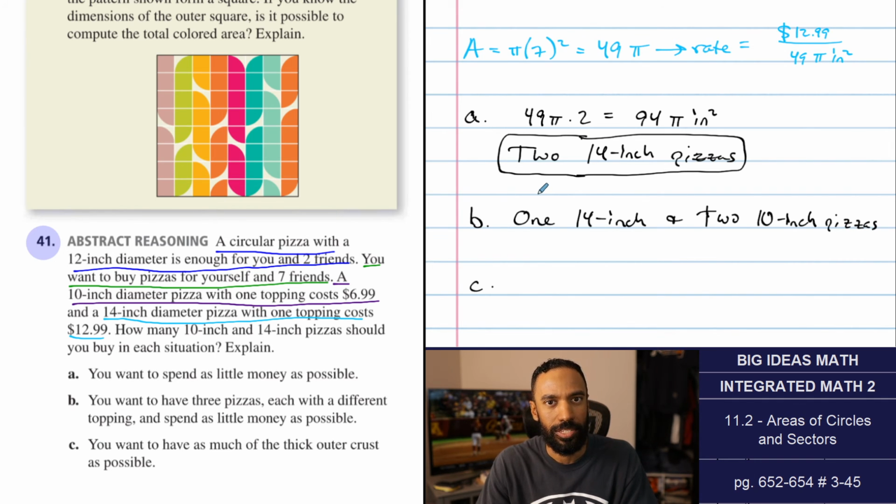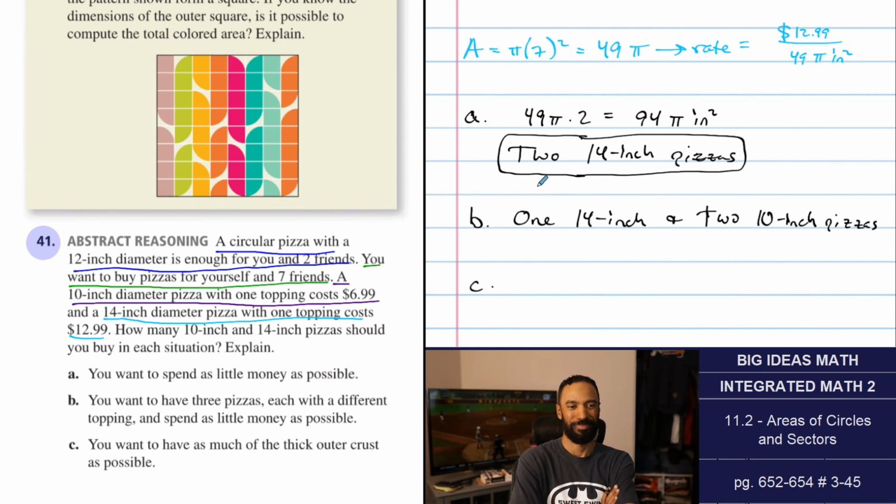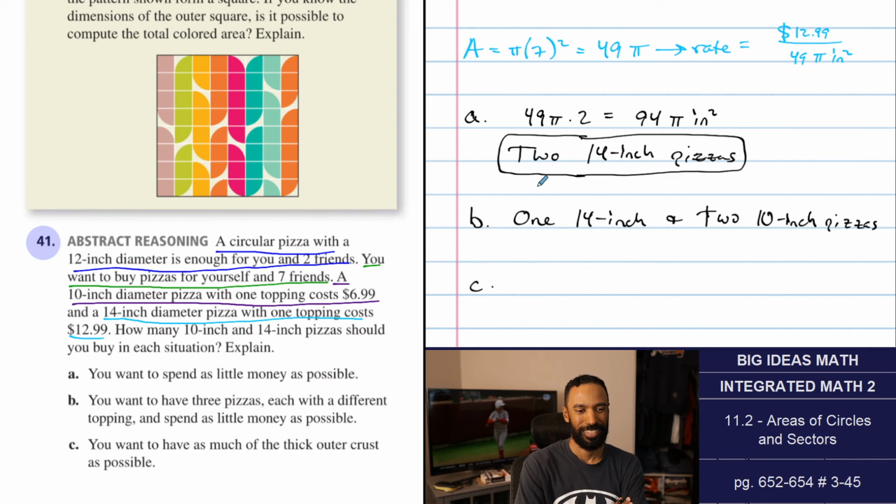So in this case, this is where I think you're getting, it's not about money spending. I don't know. I think you don't want too many leftovers. So I think you want to buy 10-inch pizzas this time. Money is not relevant.